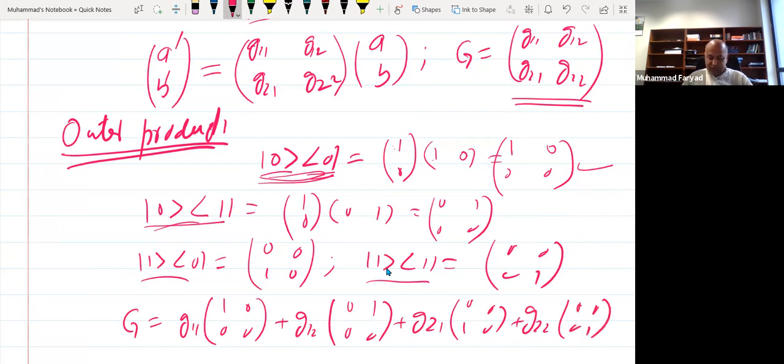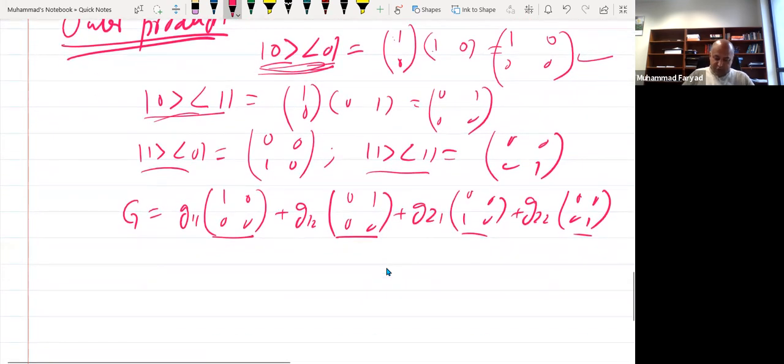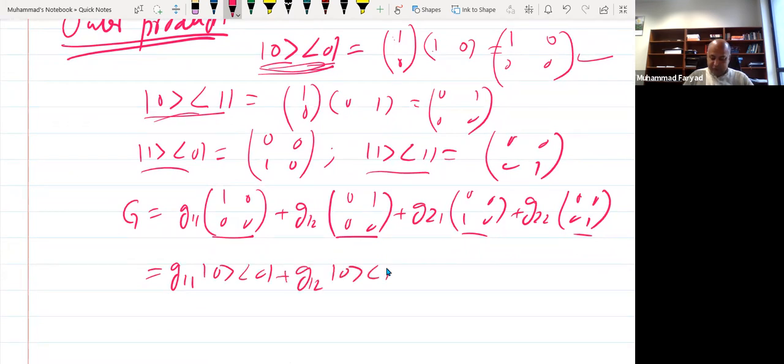Now you see, I already know what the representation of each of these matrices is. So I can quickly write it as G11 times |0⟩⟨0| in outer product form, G12 |0⟩⟨1|, G21 |1⟩⟨0|, and G22 |1⟩⟨1|.